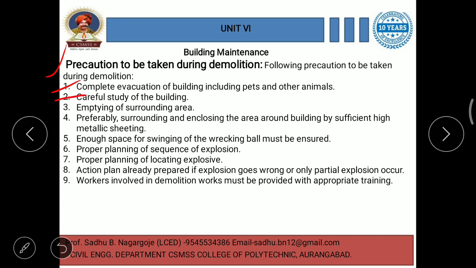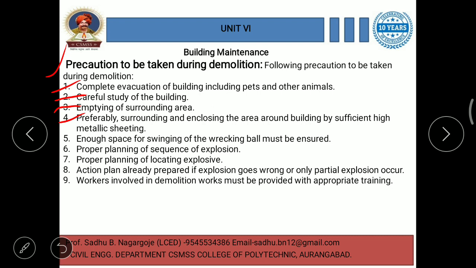Then careful study of the building is necessary before demolishing. Then emptying of surrounding area; the important area of surrounding needs to be emptied before demolishing that building. Preferably surround and enclose the area around the building by sufficiently high metallic sheeting.